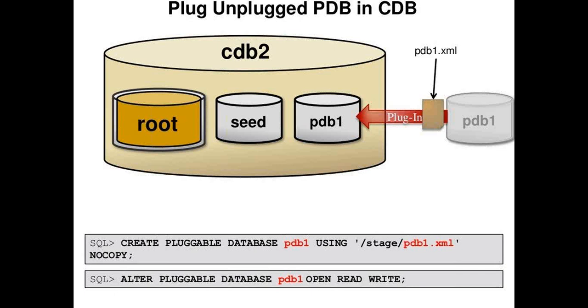And you will fire this command, alter pluggable database name open read write, but you need to log into the database with the sysdba user only, and only then will you be able to fire these commands: the creation of the pluggable database as well as the command to open the pluggable database read write.